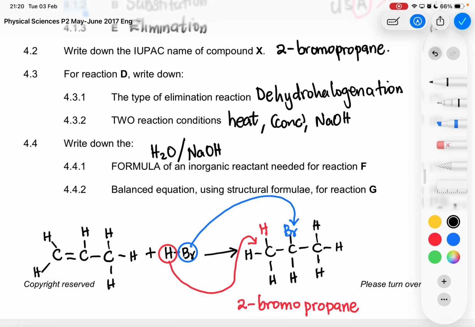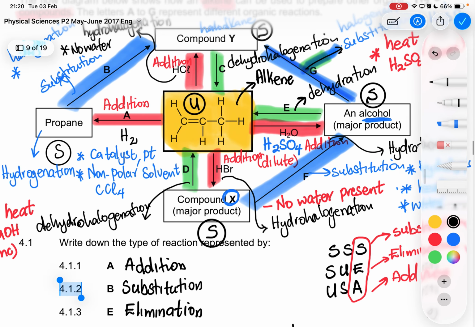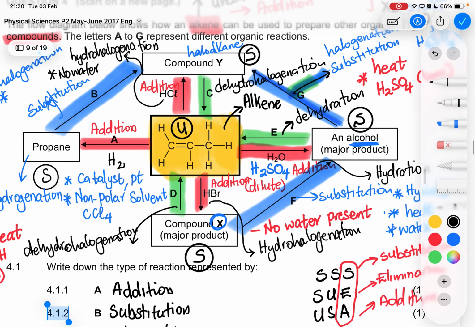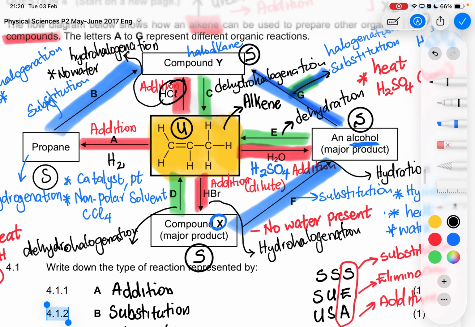Sharp. So we need one of those. Balance equation. Write down the balanced equation using structural formulae for reaction G. Reaction G is an alcohol to a haloalkane, major product. So there we must have a chlorine. Remember, there's this chlorine that is going to form part of that.